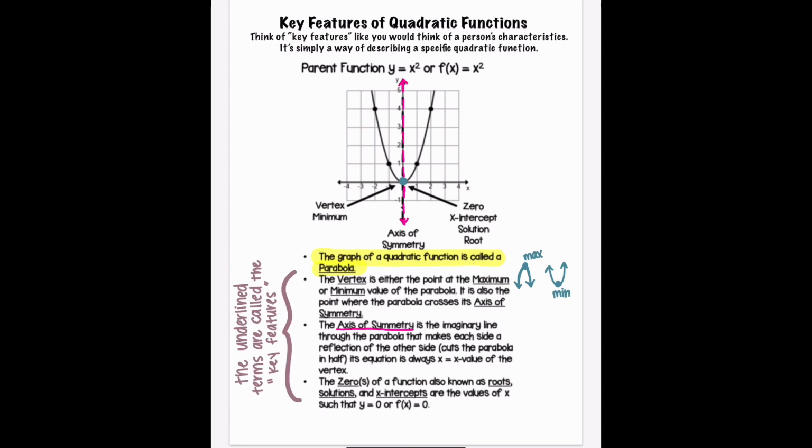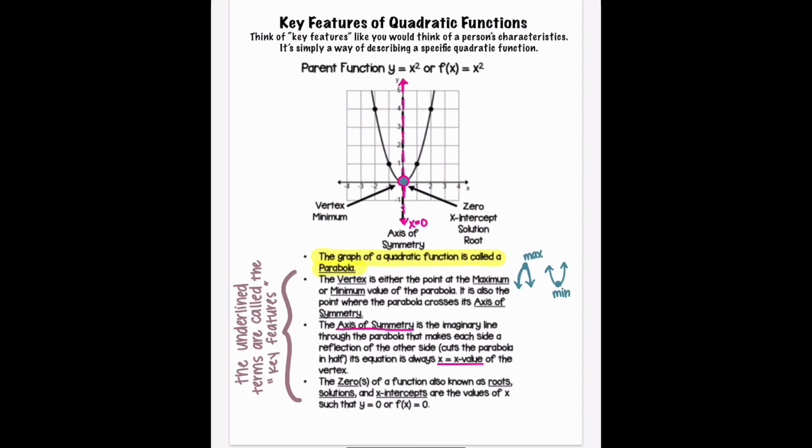To describe the axis of symmetry, you can say it's the imaginary line that cuts the parabola in half. It's the imaginary line that goes through the vertex. And to write this line, it is always x equals whatever the x value is of the vertex. So this axis of symmetry goes through the x value of this vertex. If our vertex is at the point (0, 0), then the axis of symmetry is x equals 0.